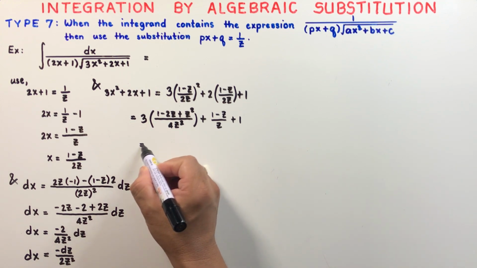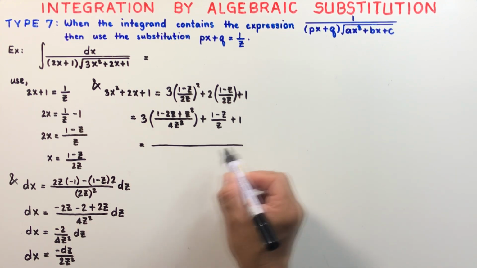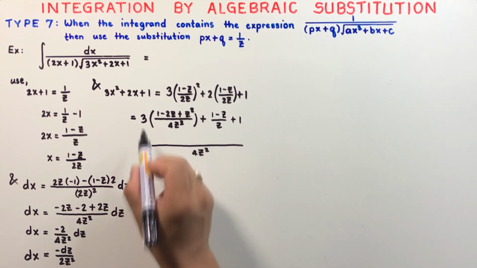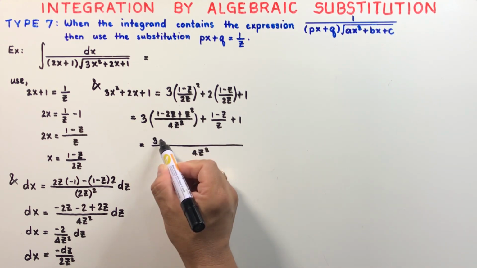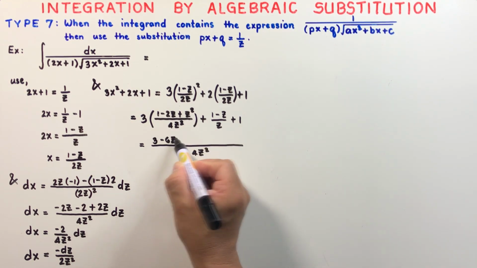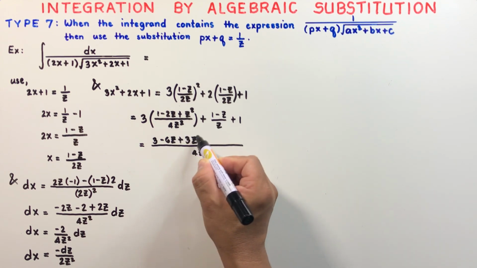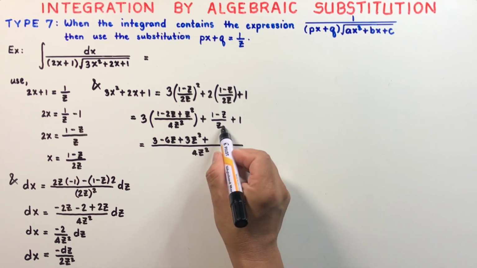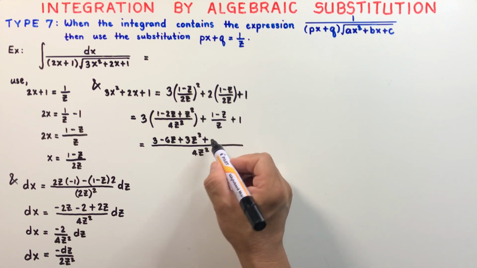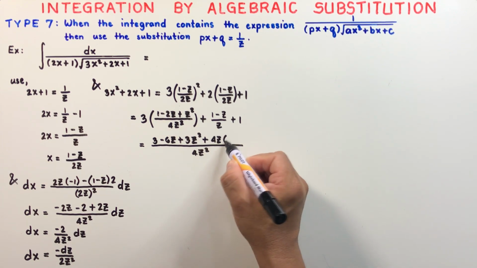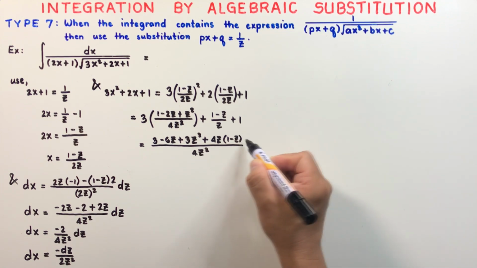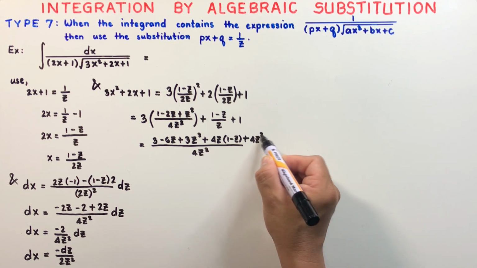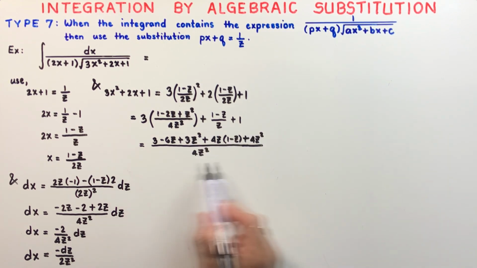So combining these 3 terms, we have our LCD of 4z squared. So this is 3 times this trinomial. So we have 3 minus 6z plus 3z squared. And this is added to the result when you divide 4z squared by z. And the quotient is 4z. So this 4z will be multiplied to the numerator of 1 minus z plus this 1 when divided by 1 is 4z squared. So that is our whole fraction.